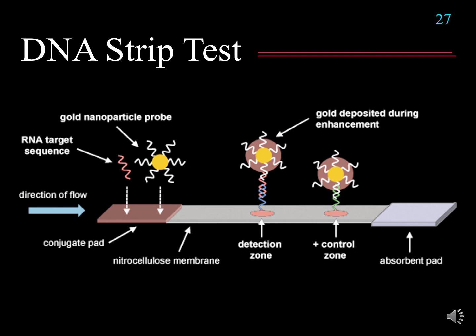So if we don't have the RNA targets from the patient, the gold nanoparticles cannot complementarily bind with the DNA at the detection zone. So only the right hand line can be seen as red color, but the left hand is not. We can see the color from the control zone only, not the detection zone.